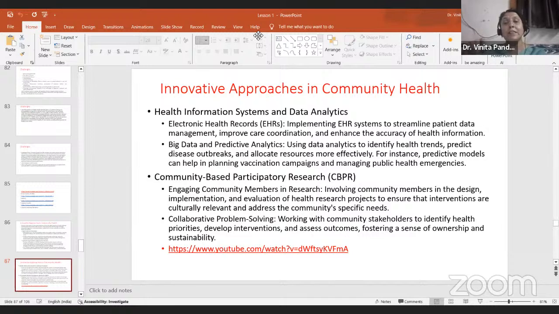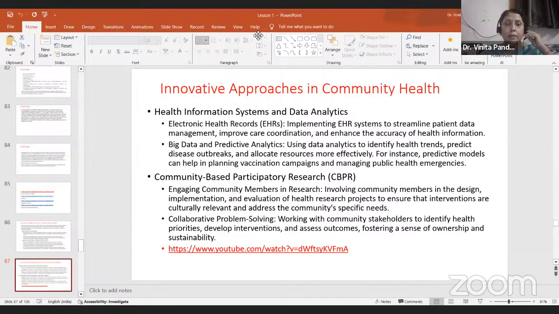See, to put it in simpler language, let us say I'm a medical professional and I'm doing some research on, let us say, diarrhea or tuberculosis in a particular region of our country.